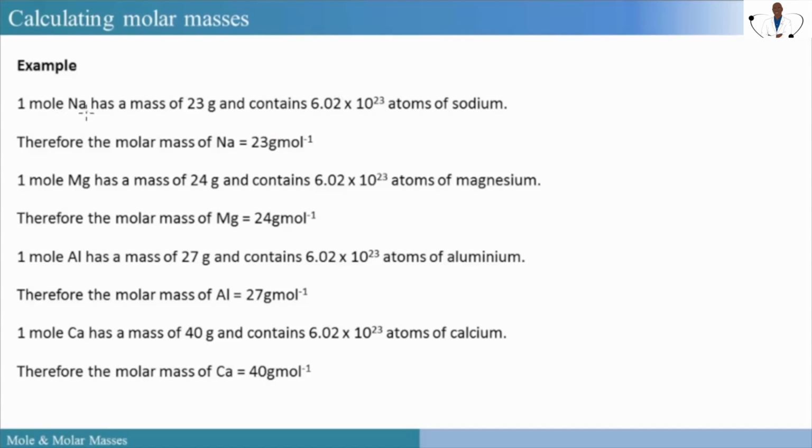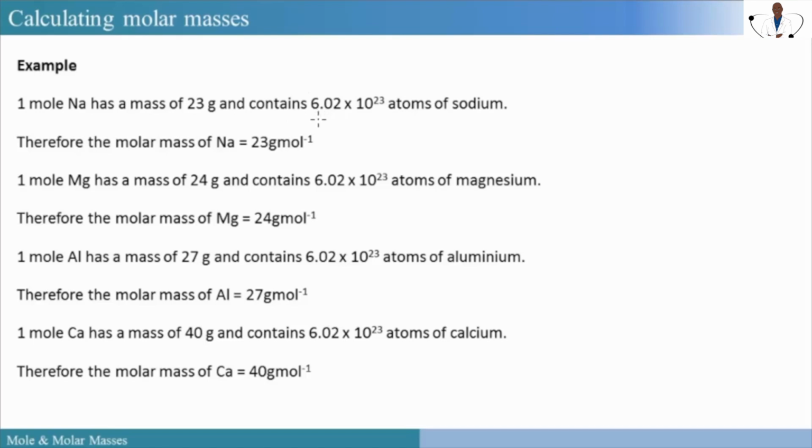Now, if we want to find the mass number of sodium, you would go to the periodic table and look at the mass number. So 1 mole of sodium has a mass of 23 grams. And 1 mole of that sodium would contain Avogadro's number.